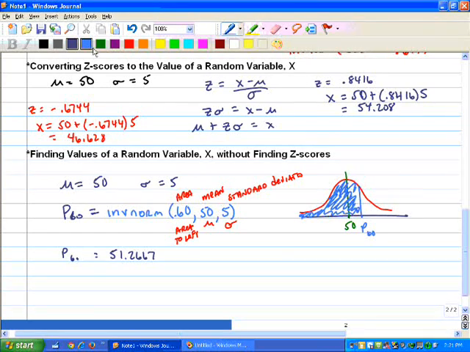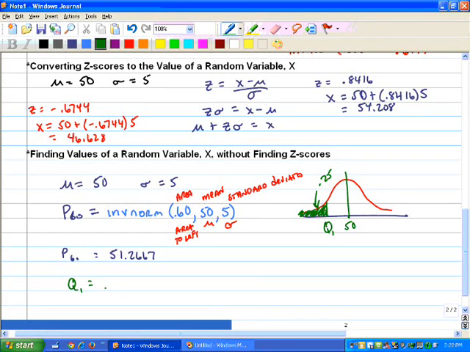Let's find Q1, or the first quartile. Recall, the first quartile is the x value where the area to the left under the curve is 0.25.